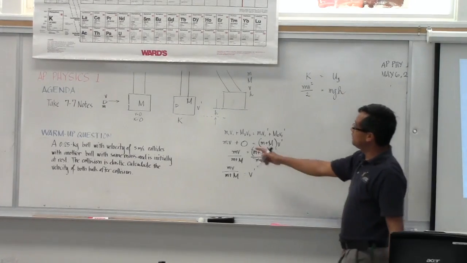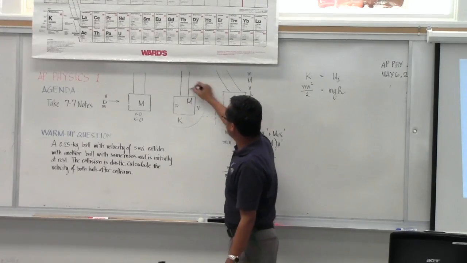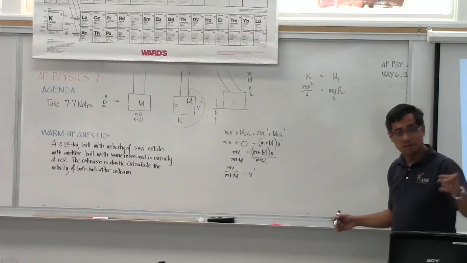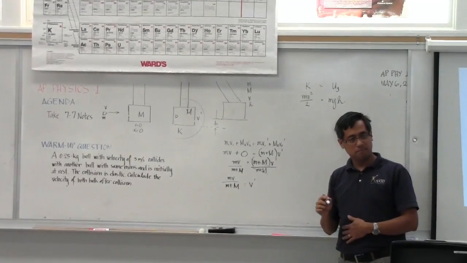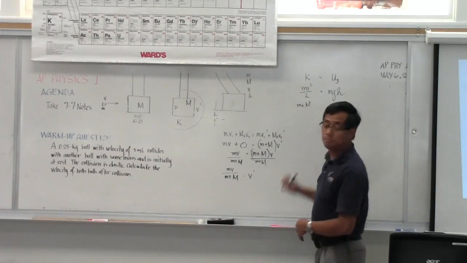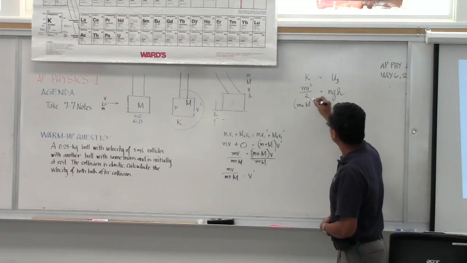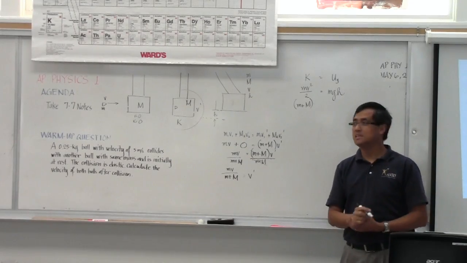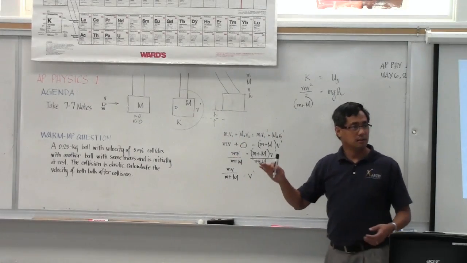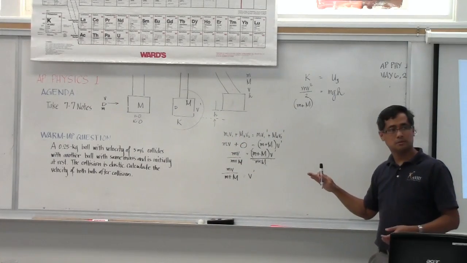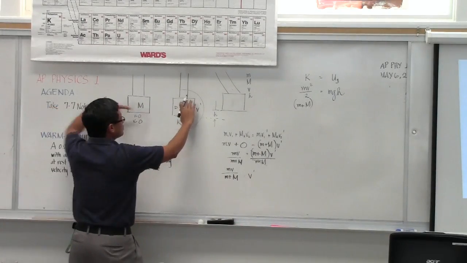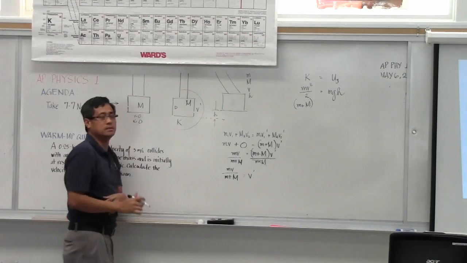Now, at this point in time, what is the mass here? Is it just big M? Okay, small m plus big M, right? That's the mass. What is its velocity at this point? After it was struck by the bullet and it started moving, what is its velocity?